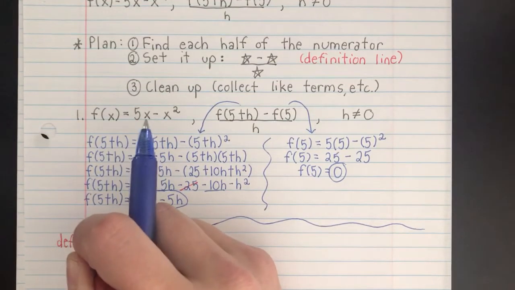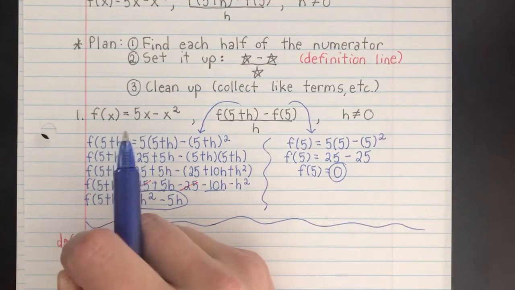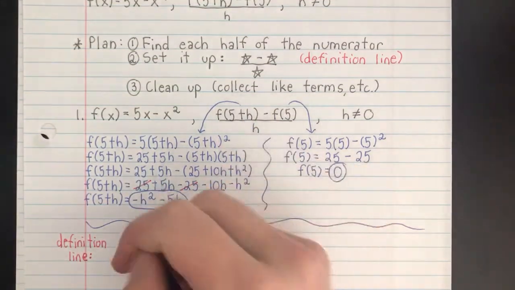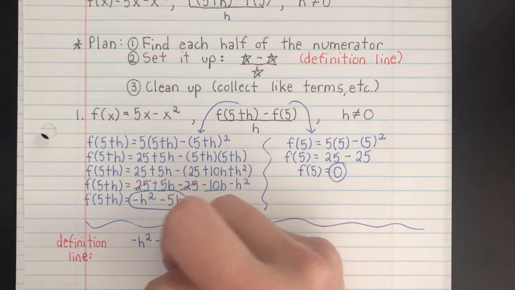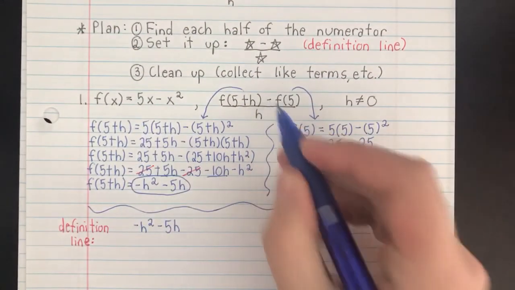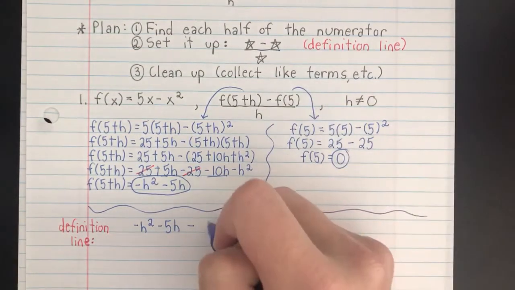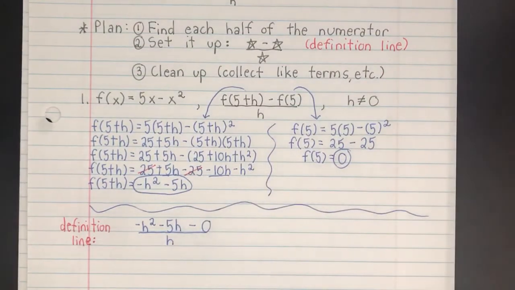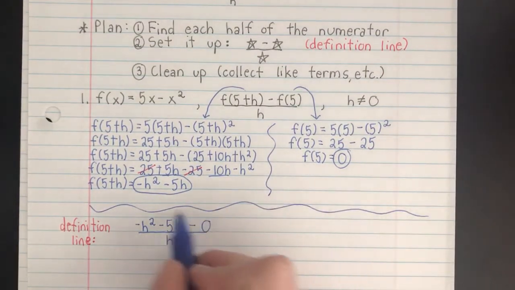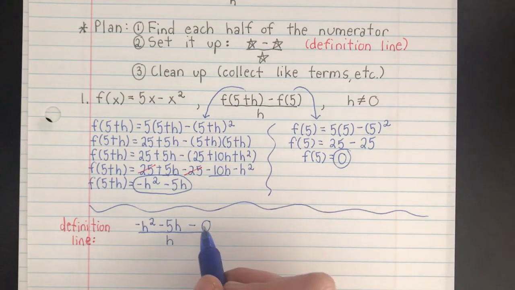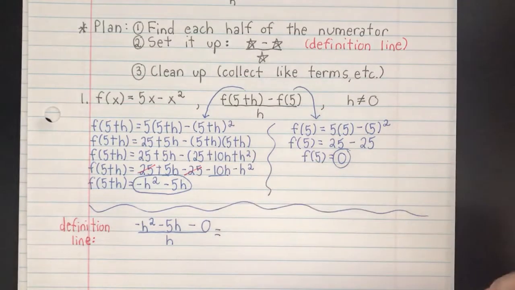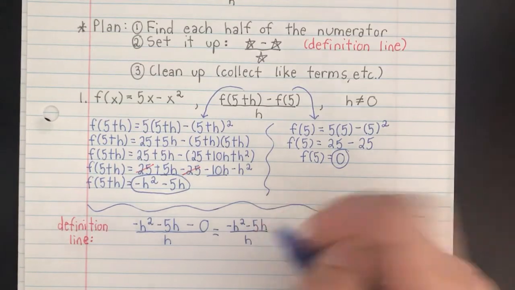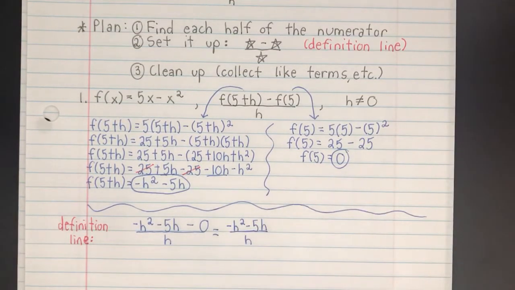I'm going to do my definition line. Oops, help if I spell line correctly. So I'm going to take negative h squared minus 5h and subtract 0 over h. Now there's nothing I can clean up here to collect like terms. I just notice as I'm rewriting this that I have a lead negative and I have a GCF of h.